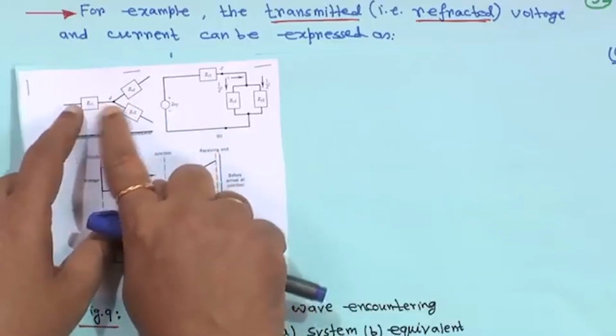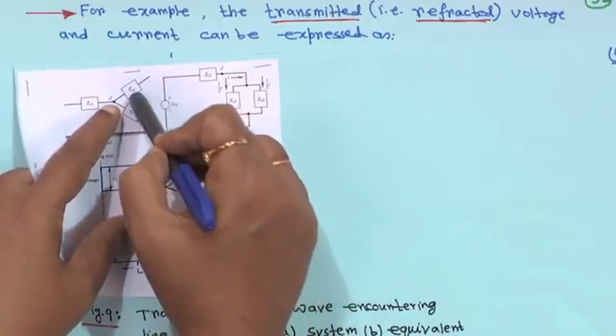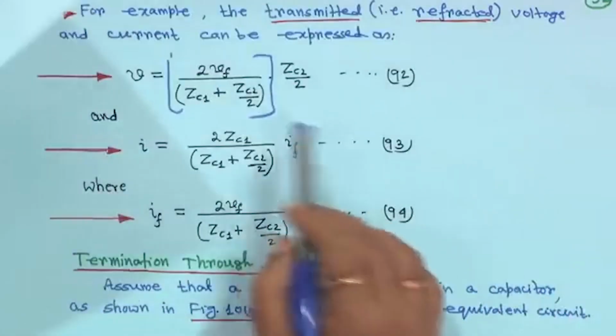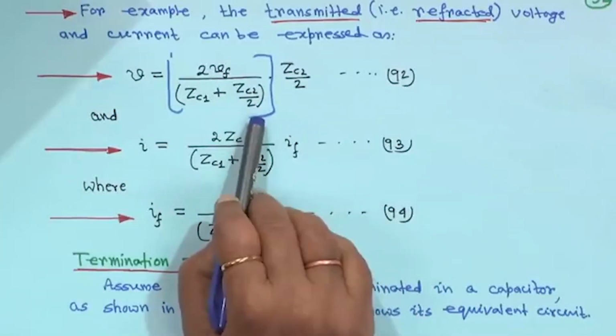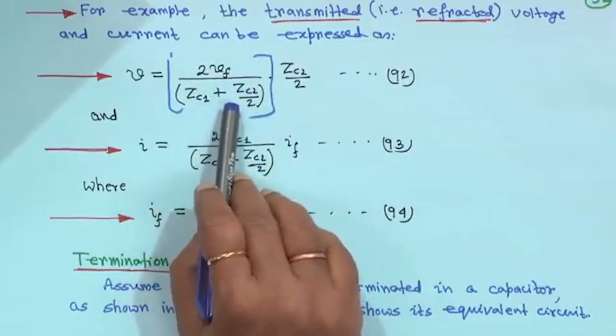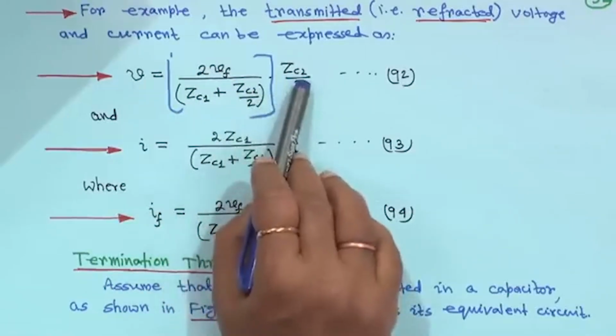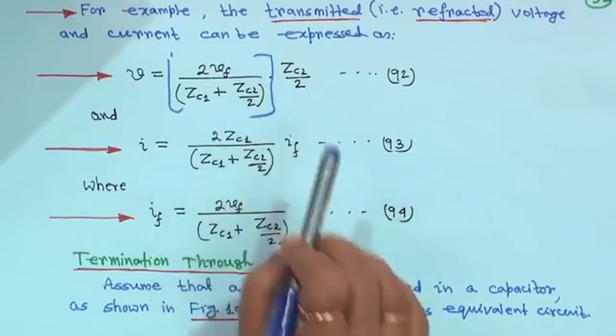But now the line is bifurcated, so in the previous expression, instead of ZC2 you write ZC2 by 2. Therefore, V is equal to 2 Vf, into ZC2 by 2 divided by ZC1 plus ZC2 by 2.